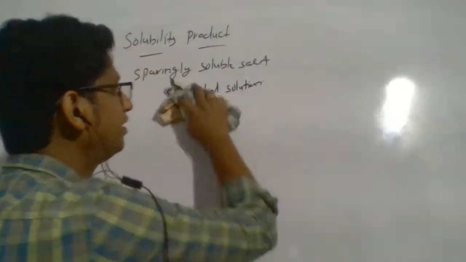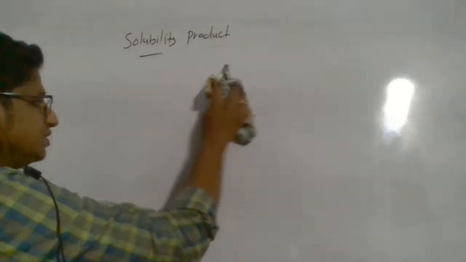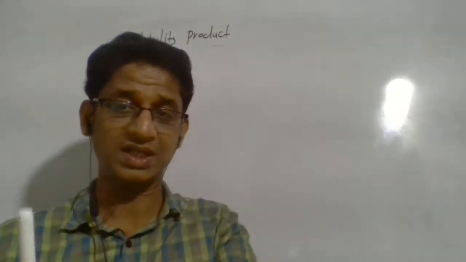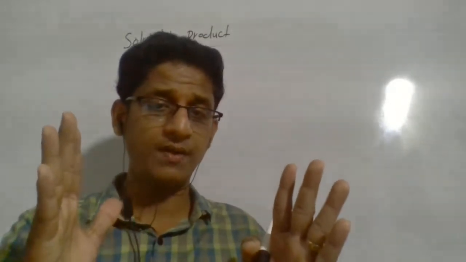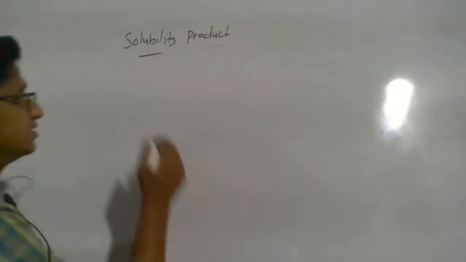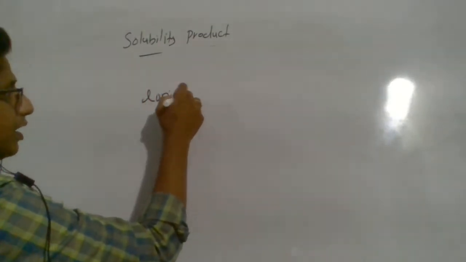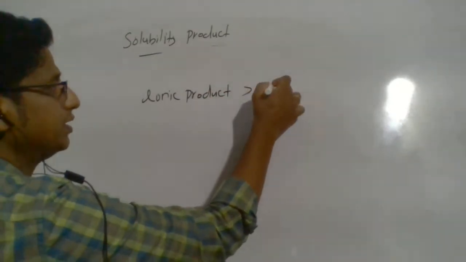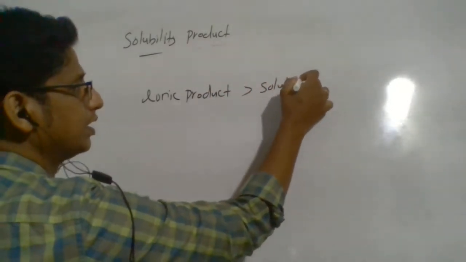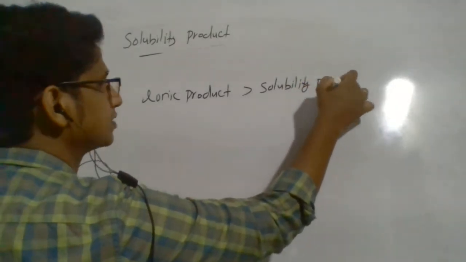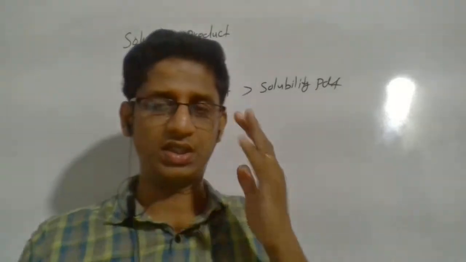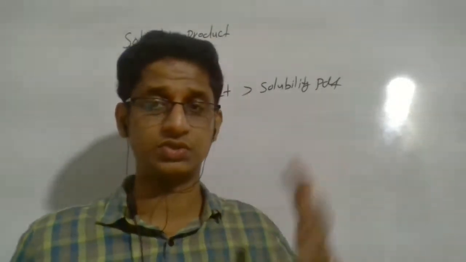You can understand from what we discussed: group 1 cations precipitate like this, group 3 cations precipitate like this. So precipitation will occur when ionic product exceeds solubility product. What is ionic product? It is the product of concentration of ions. Here we are not specifying whether it's a saturated solution or not.